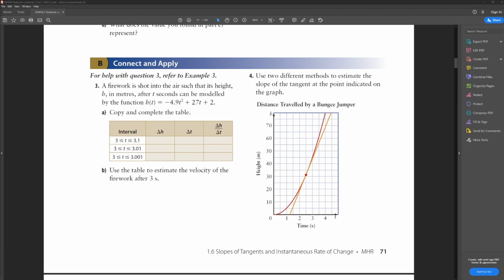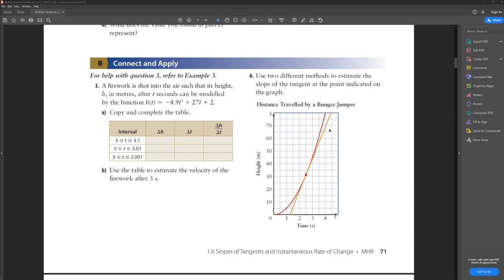Then we could use another point on this orange line to find the second value. So for example, for x squared, 4 seems to be very close to 70. So what I would do is use these 2 points and then find the slope.